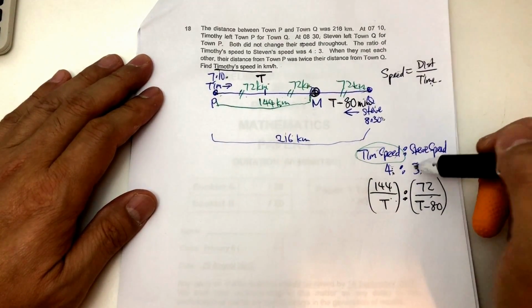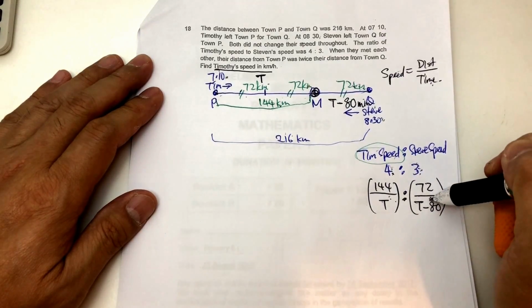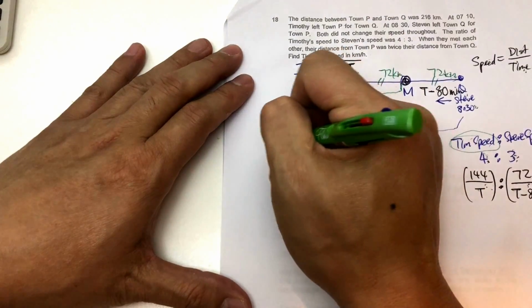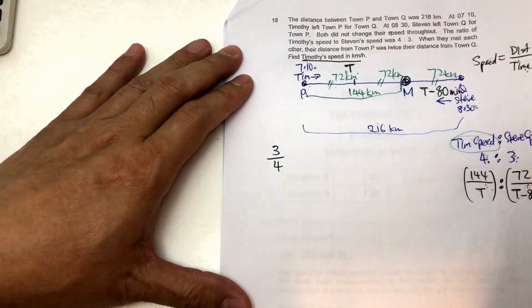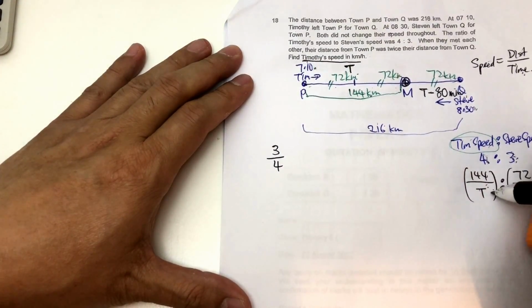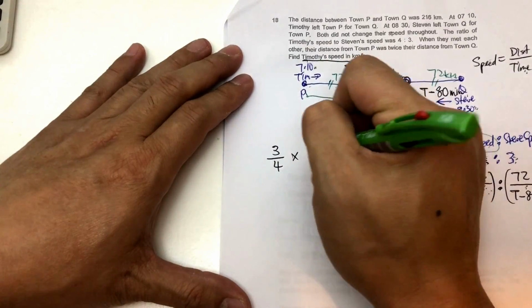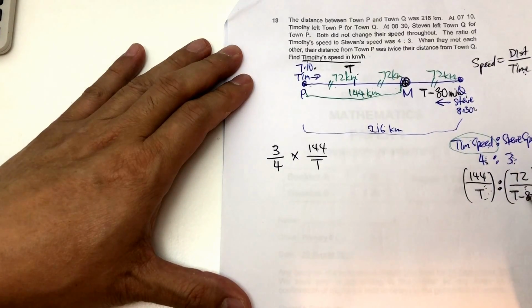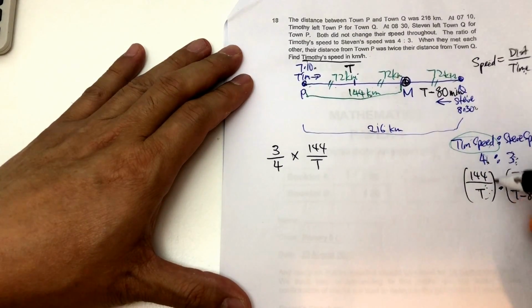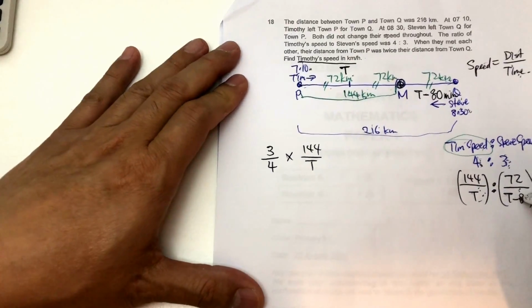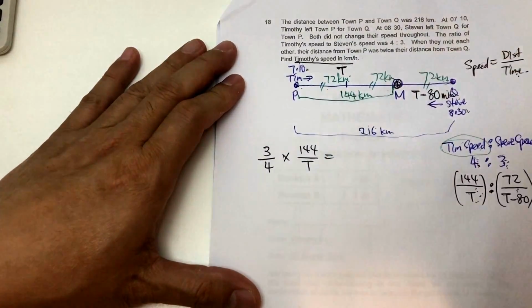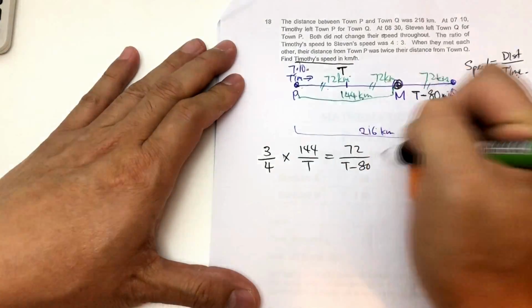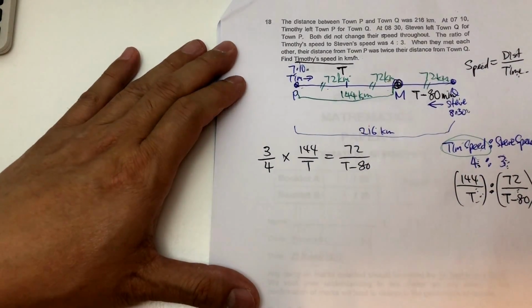This divided by this times this equals this. So we're going to write that down. 3 divided by 4 times 144 over t equals 72 over t minus 80.